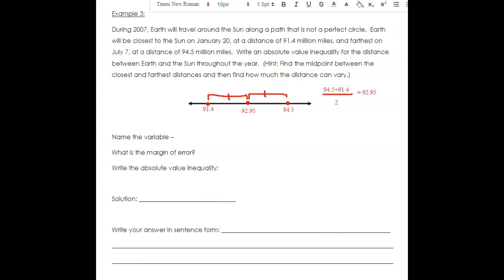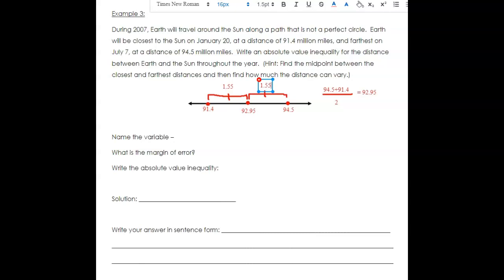If you found the difference between those two, hopefully you found the difference was 1.55 million miles. So the average was 92.95 million miles, and the margin of error, how much we can go above that number or below that number, is 1.55 million miles.